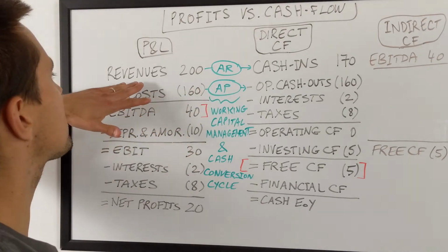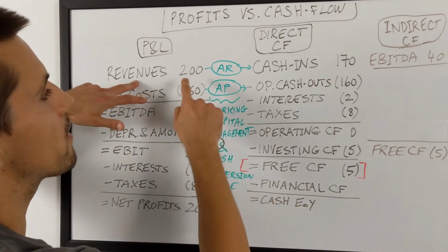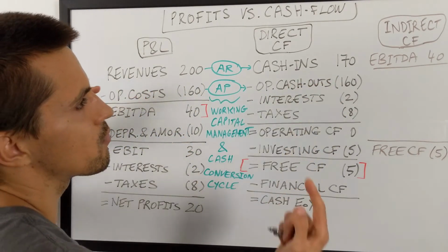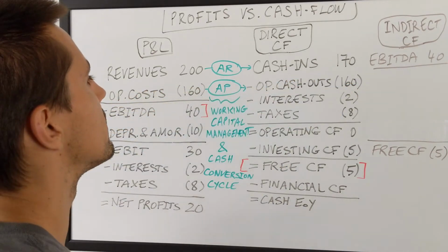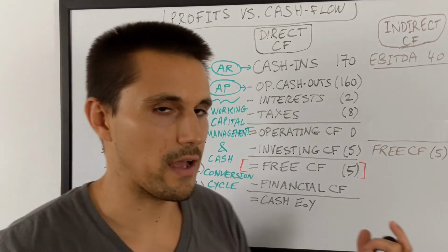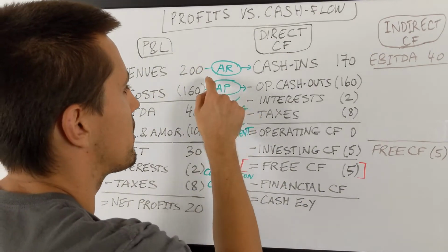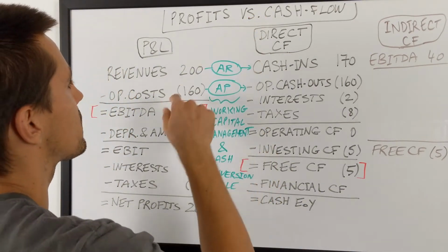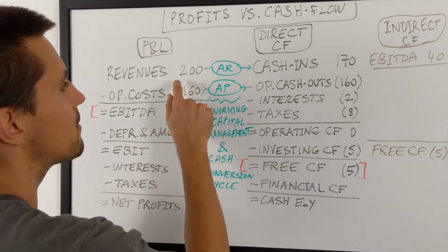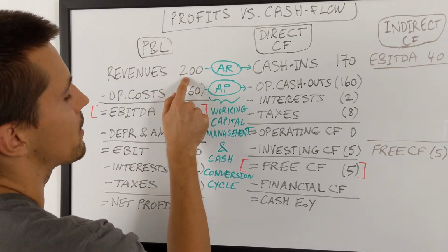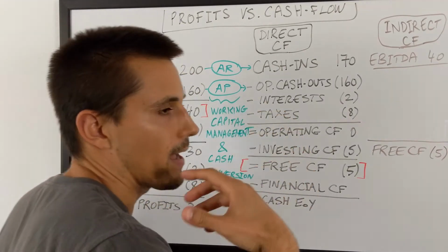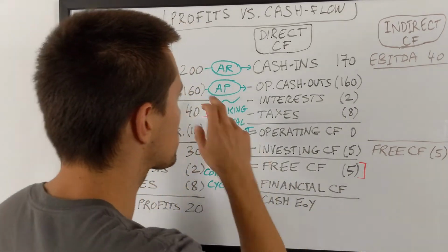First of all, as you can see, I have a gap between my revenues and my cash ins. So what happened? Why do I have less here? Well, in accounting, it's called accounts receivables, the difference. And in this case, my accounts receivables went up. What does it mean? Actually, I did a great job selling my products.